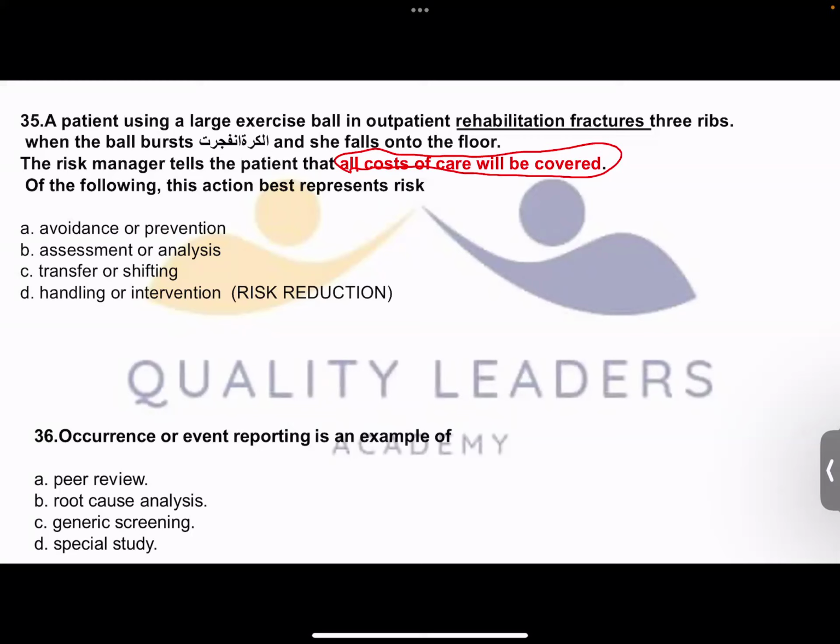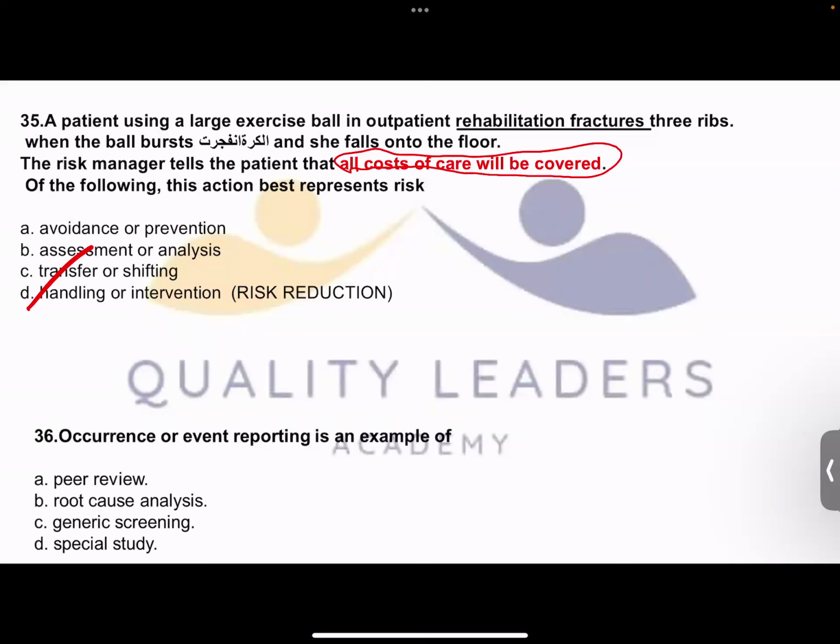Letter D, the transfer or shifting typically involves passing the financial or operational responsibility for the risk to another party, such as insurance. In this case, the organization directly assumes responsibility for the cost. So the best answer here is handling or intervention.